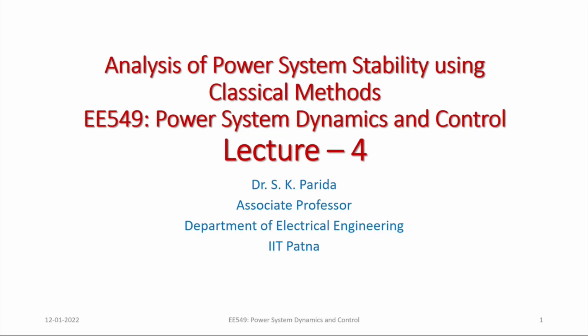We are about to start the equal area criterion, and we are discussing how the equal area criterion is very advantageous to quickly assess the transient stability of a system.